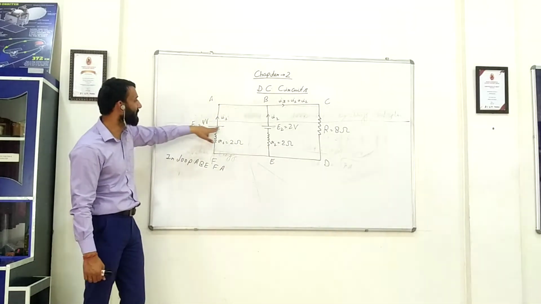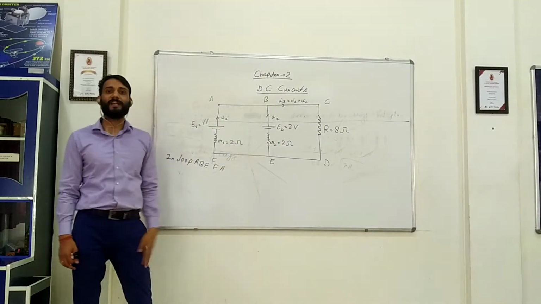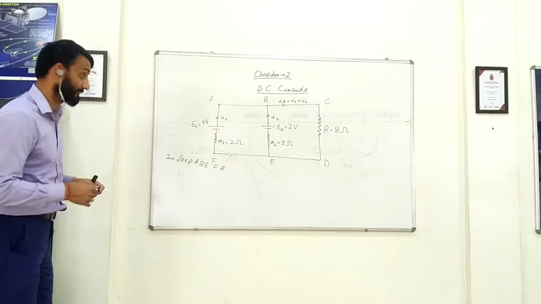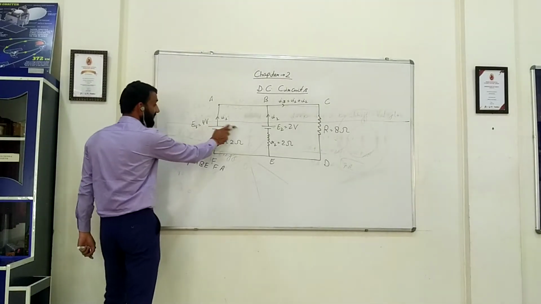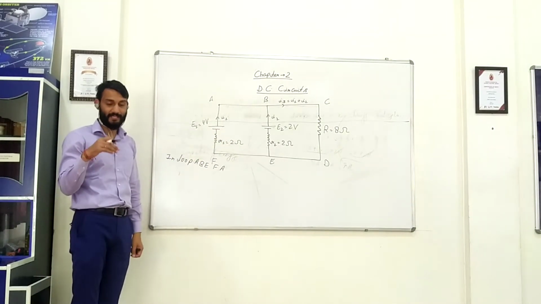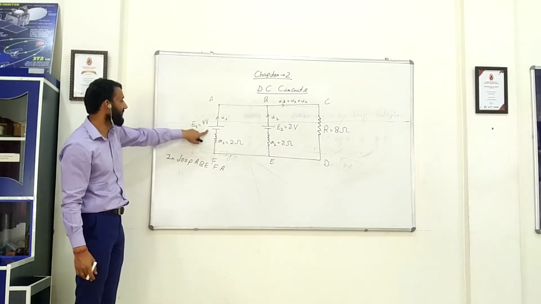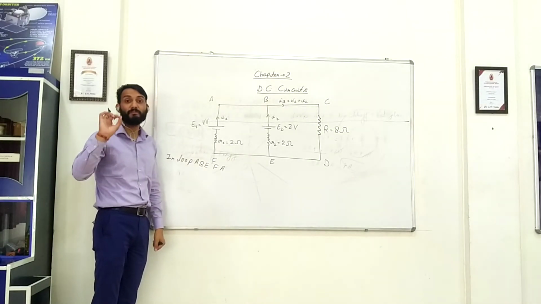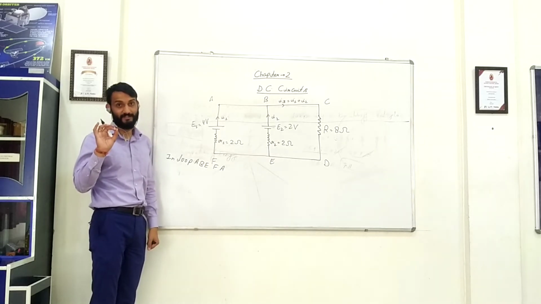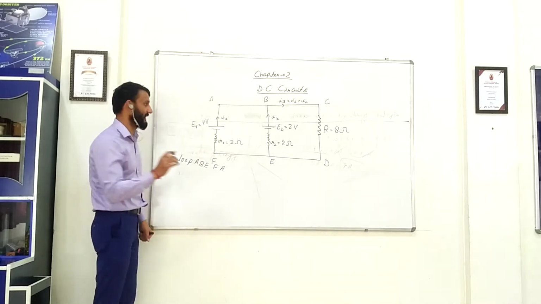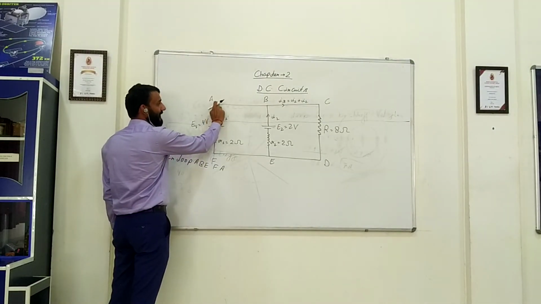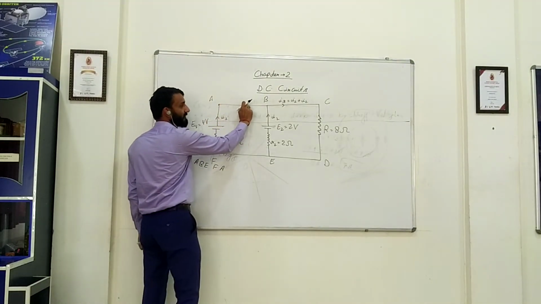In the loop A, B, E, F, A, as you can see, there are two batteries. You can consider any one of these batteries. Suppose I am choosing this battery; always start moving from the positive of the battery. So this is the positive of the battery, and I'll start moving from here.